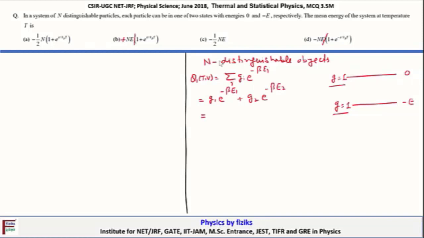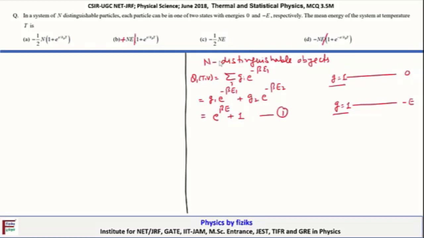If you substitute the values, g1 and g2 are 1, so this comes out to be exponential minus beta E plus exponential minus beta multiplied by 0, which gives 1. So this is the partition function for a single particle.